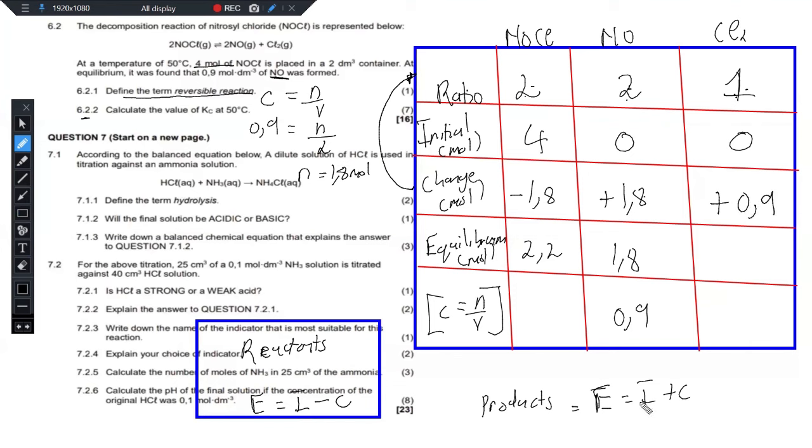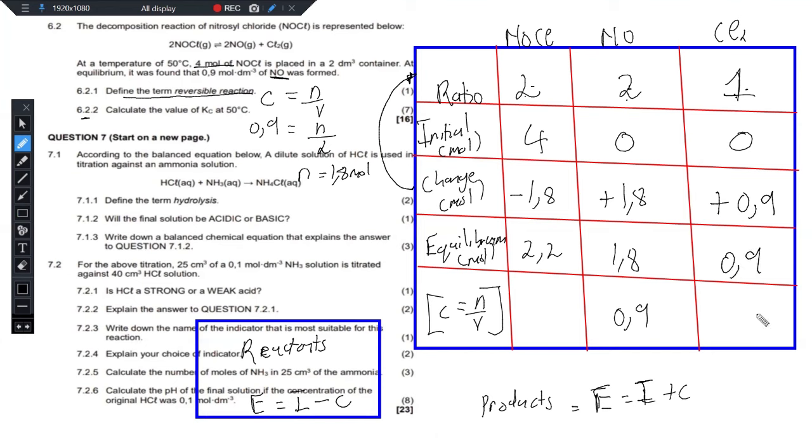Why is it plus? Remember again, to find the ones on the product, it's I plus C. But this only applies if the forward reaction is favored. If the reverse reaction is favored, then this whole thing is the opposite. The reactants would have to add and the products would have to subtract, because if the reverse reaction is favored, that means we are using up the products in order to form back the reactants. So this is 0 plus 0.9, which is 0.9.